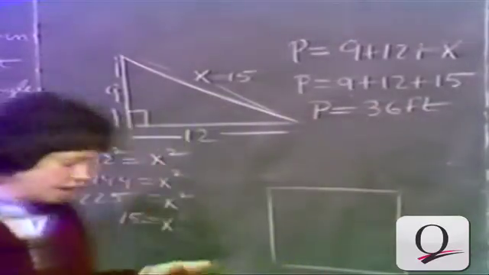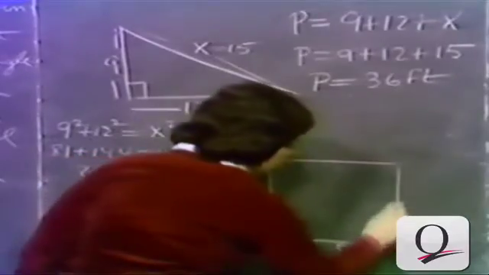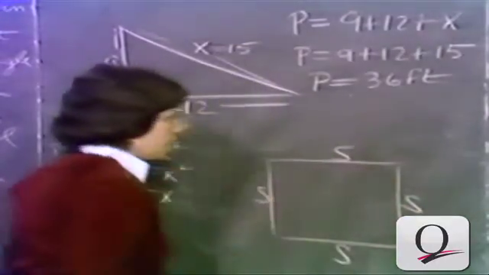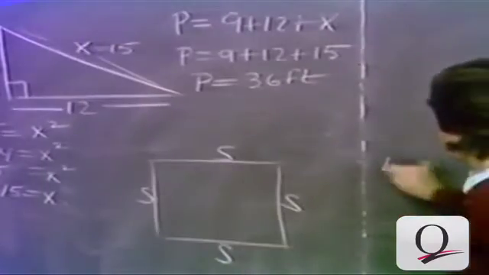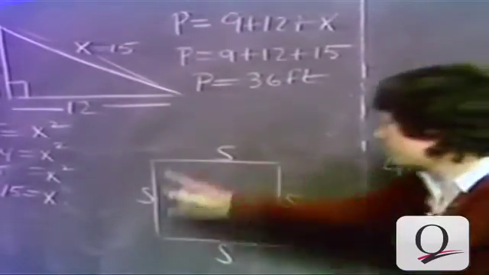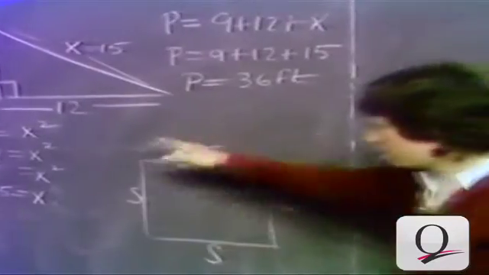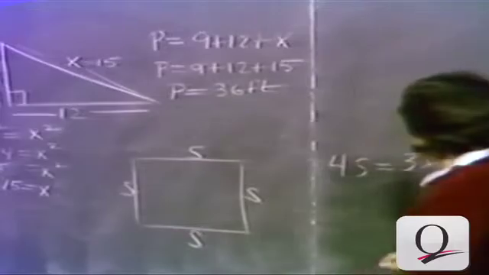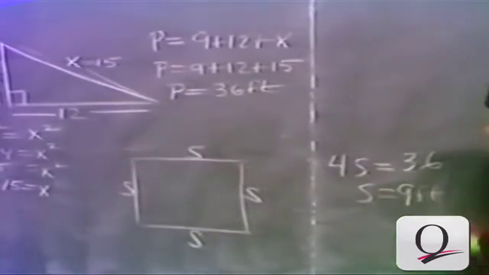Now, he's going to use that to form a square. Let's say the length of the side of the square is s. So the perimeter of the square is 4s. And 4s has to come from this 36. He's going to use the entire 36 feet to fence in the square. So from this, we get that s equals 9 feet.